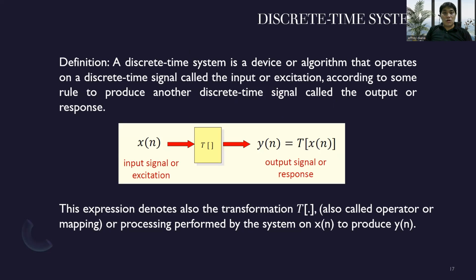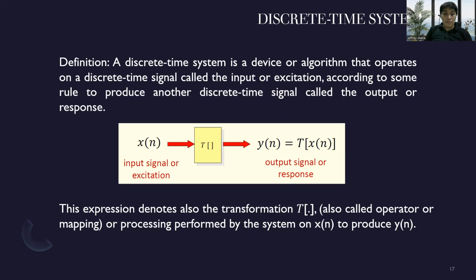For the definition of a discrete time system, a discrete time system is a device or algorithm that operates on a discrete time signal called the input or excitation, according to some rule, to produce another discrete time signal called the output or response.